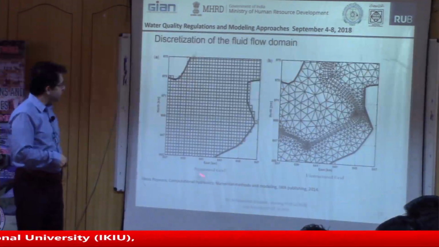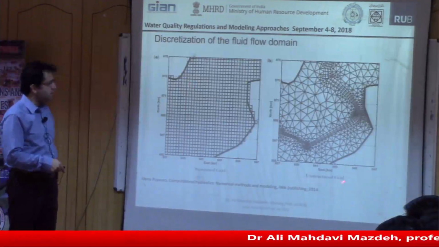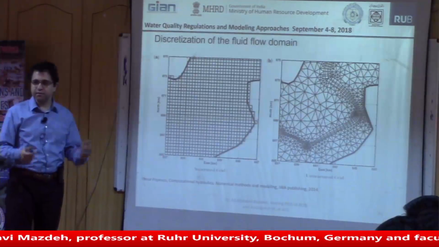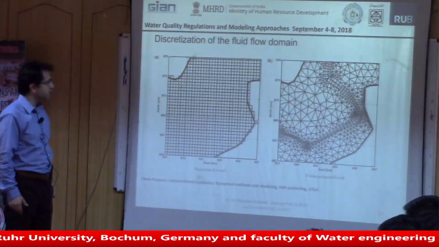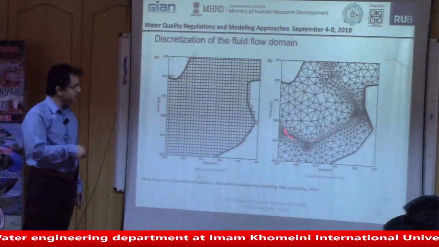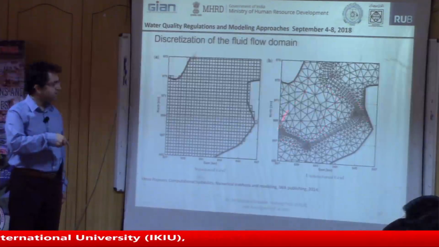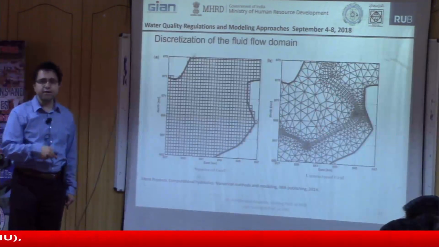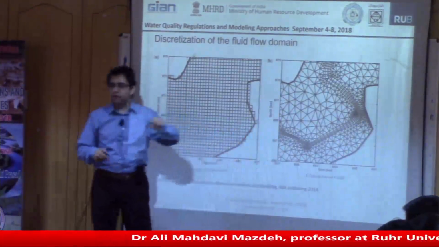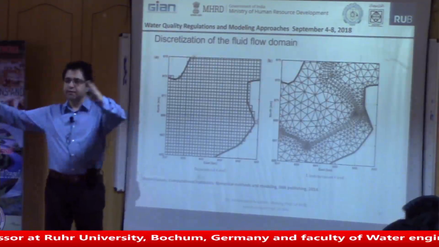For example, the grid can be structured like this, or it can be an unstructured grid like this. You cannot predict exactly how it is, but nowadays this one is more used, because with this method you can see where it is more important for you and make more detailed grids, or in some parts you can make your grid bigger.